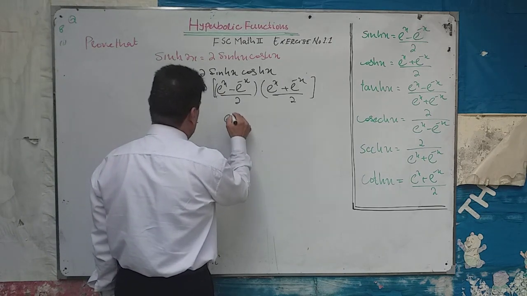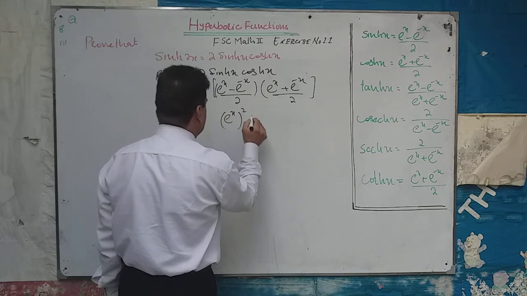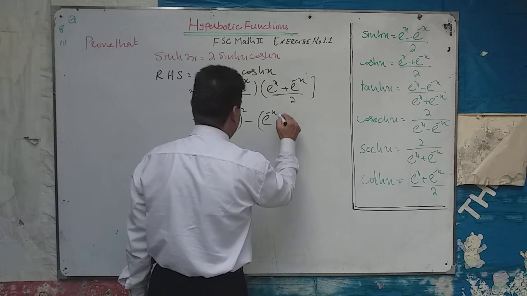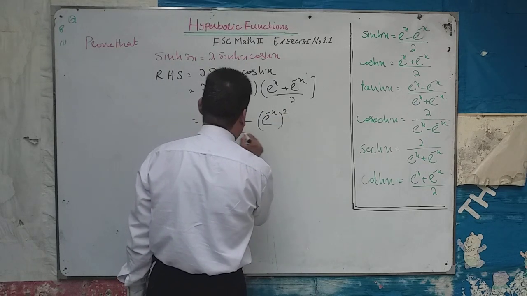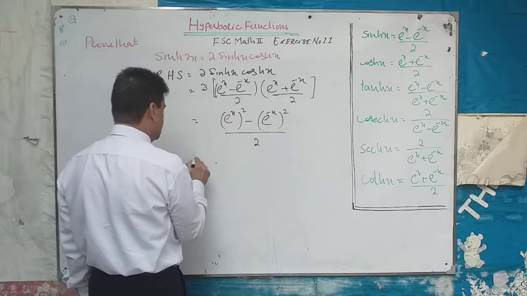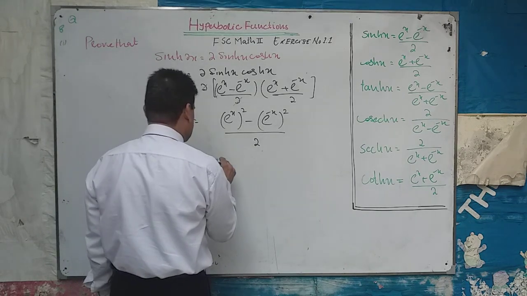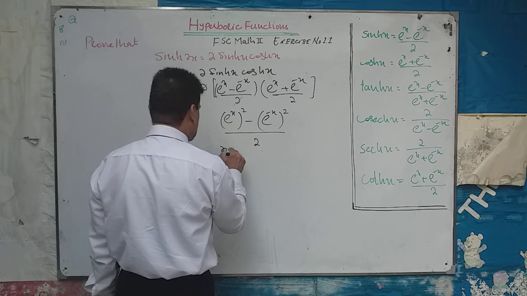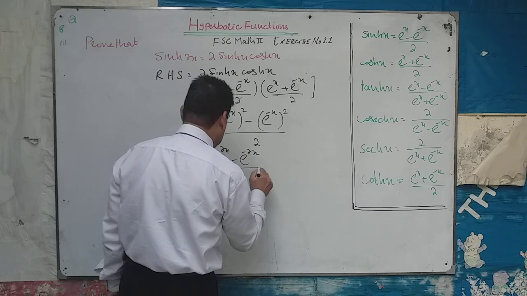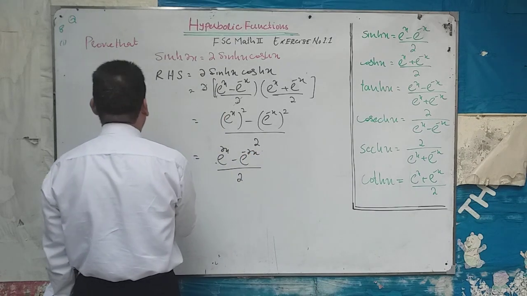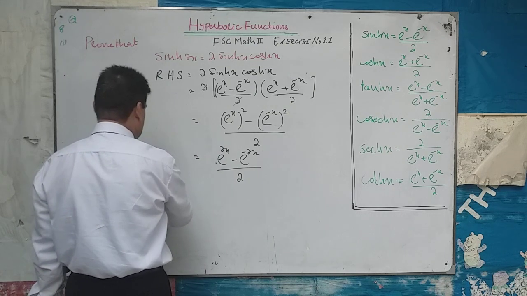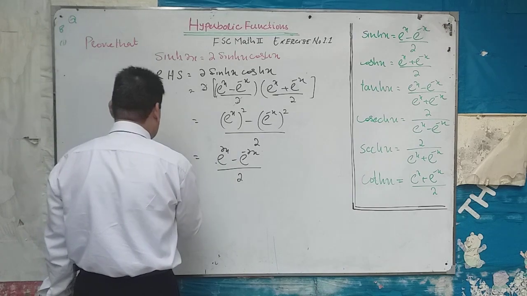We write e raised power x square minus e raised power minus x square by 2, and we cancel this 2 by this 2. We get e raised power 2x minus e raised power minus 2x by 2, which is sin hyperbolic 2x, equal to the right hand side.